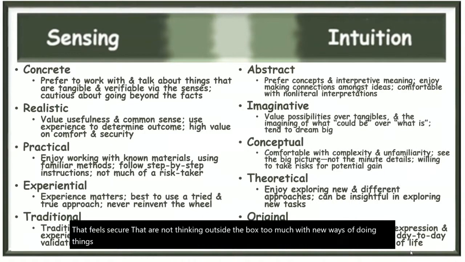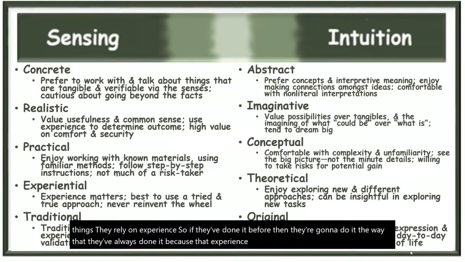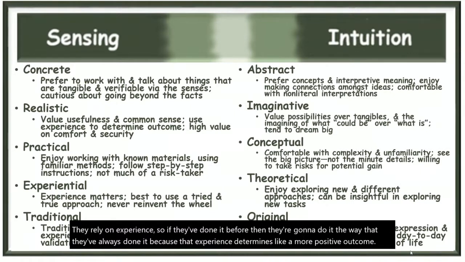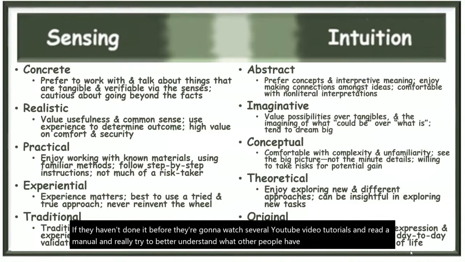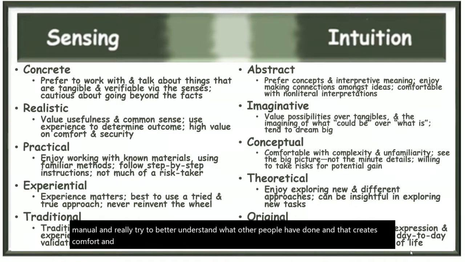They rely on experience. If they've done it before, they're going to do it the way they've always done it, because that experience determines a more positive outcome. If they haven't done it before, they're going to watch several YouTube video tutorials and read a manual and really try to better understand what other people have done. And that creates comfort and security to achieve the task.